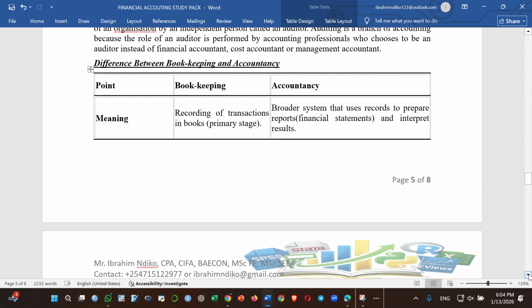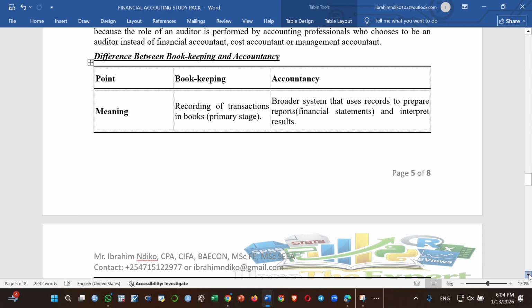Books of account, the most important item for them is to record. But the part of analyzing and classifying is accountancy. So accountancy is a broader system used to record also, then to summarize and to prepare the financial statements, and then to interpret the results.